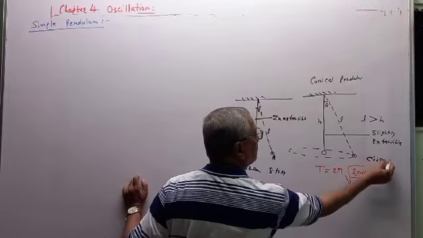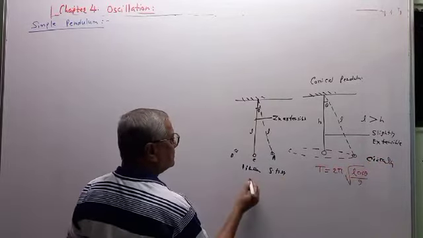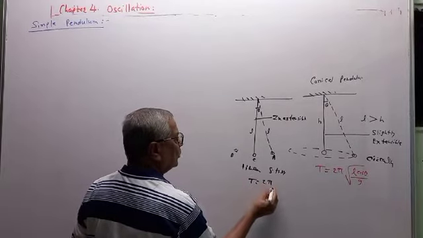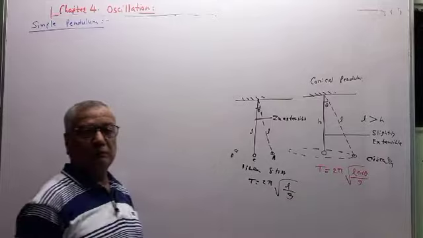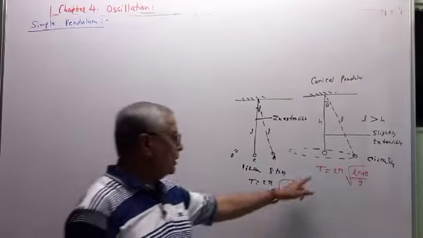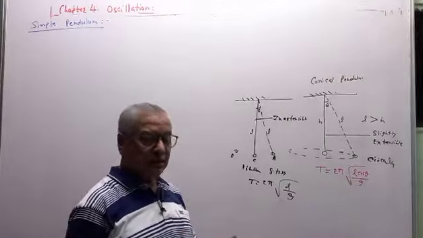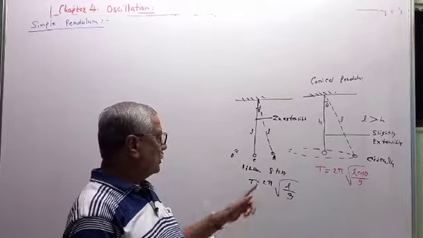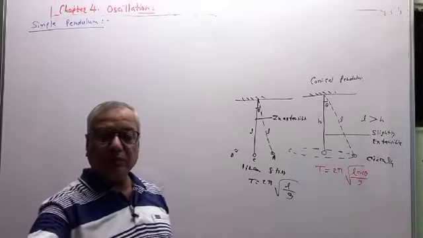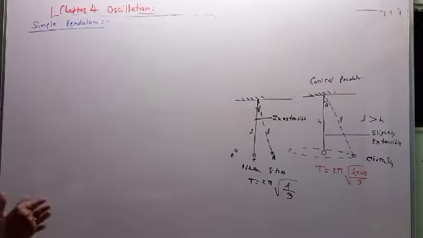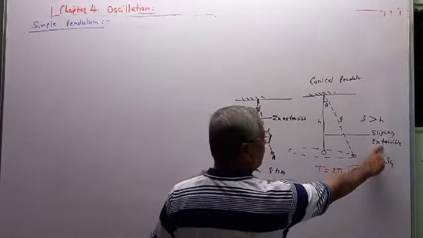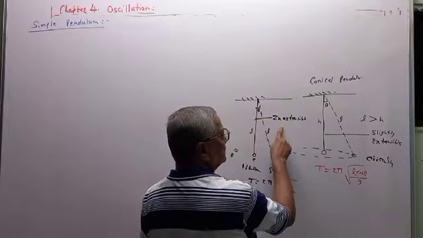The period is given by 2 pi multiplied by under root L by g. The unit is second, so dimensionally the equation is correct. We have to show that the period of the simple pendulum is 2 pi under root L by g. So these are the differences: slightly extensible string, inextensible string.